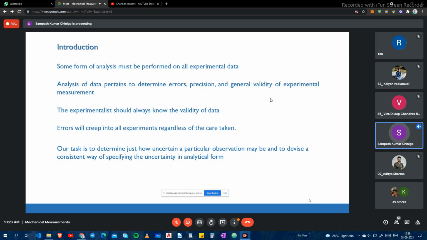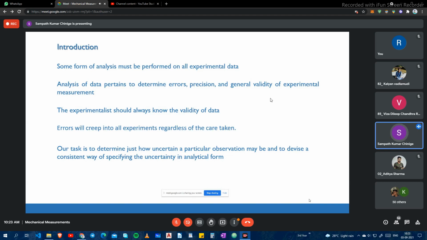You have to be certain, for a particular observation, how much uncertainty, how much deviation you can expect out of a reading. And you have to have a consistent way to specify the uncertainty in analytical form.